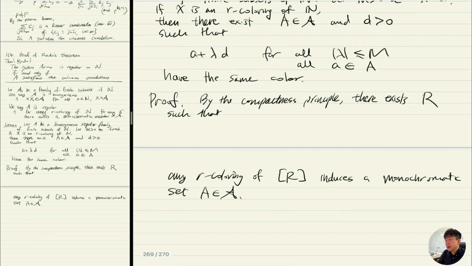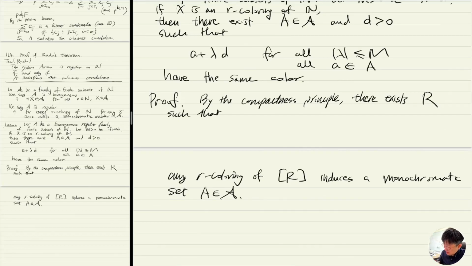Well, we construct a hypergraph on the positive integers whose set of edges is A, and then you think of the chromatic number. We had a theorem saying that the chromatic number is big if and only if there's a finite induced subgraph whose chromatic number is big.